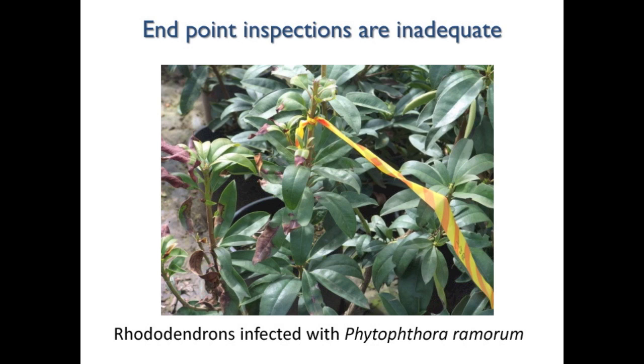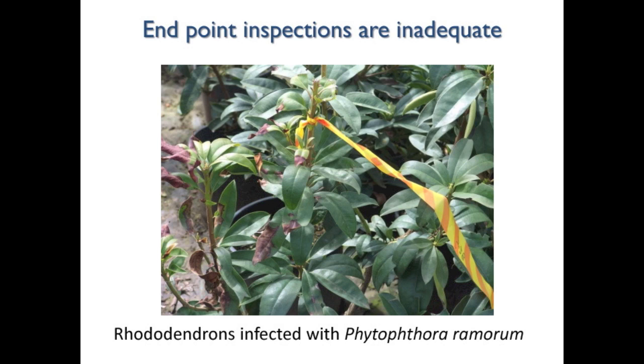We know that endpoint inspections are not adequate because contaminated plants do get shipped around all the time. Well, what are some of the reasons for this? Well, it may be that the host plant was sprayed with a pesticide which masks the development for a while of the pest or pathogen, so you don't necessarily see it, and yet a few weeks down the line that plant shows disease symptoms.